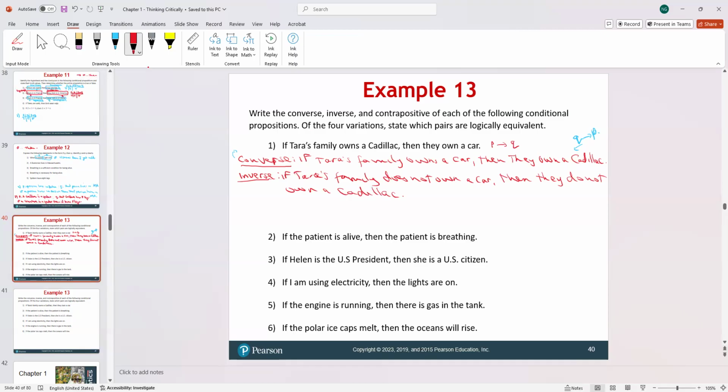We said if not P, then not Q. Yeah, we can leave it that way, which is fine. If Tara's family does not own a car, then they do not own a Cadillac. So that's the inverse, because we said if not P, then not Q. And they also ask us to do the contrapositive.